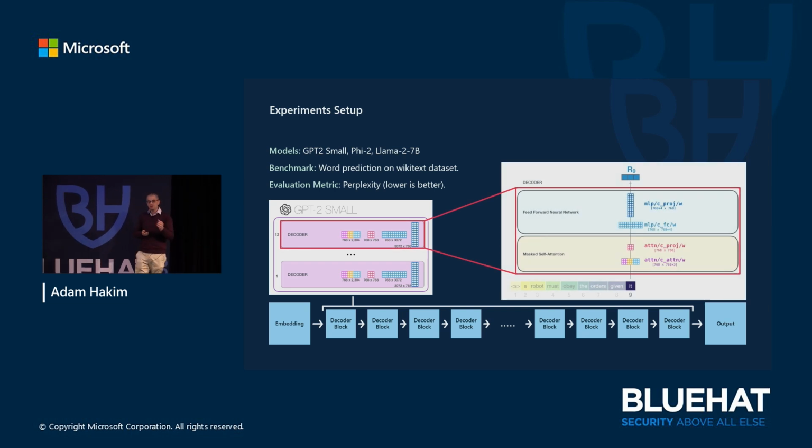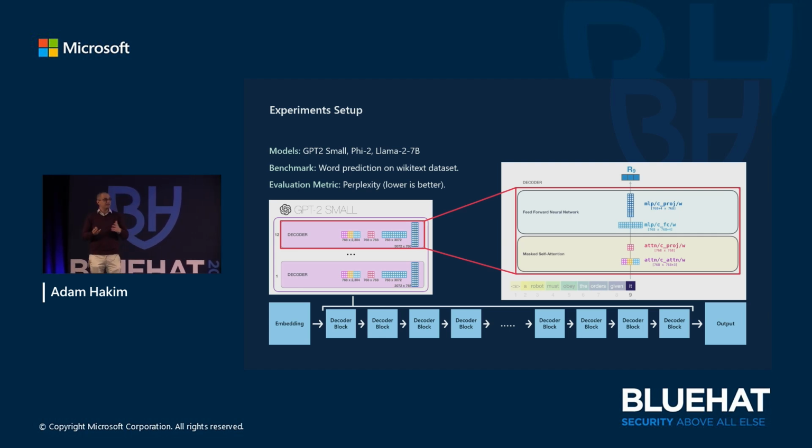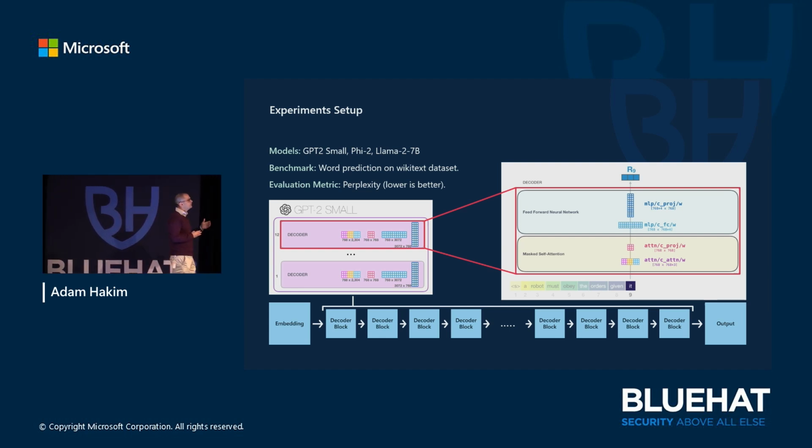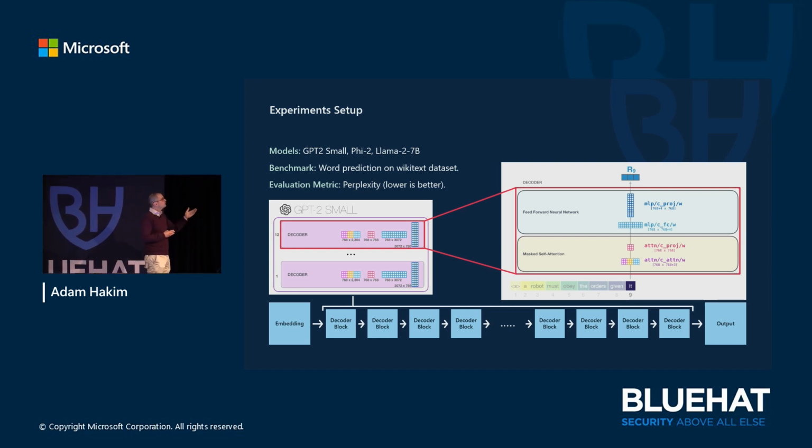In each decoder block, we have this architecture inside. There are several different layer types. Some are called attention layers, some are called feed-forward layers, and on each of them we can decide to focus for this decomposition.